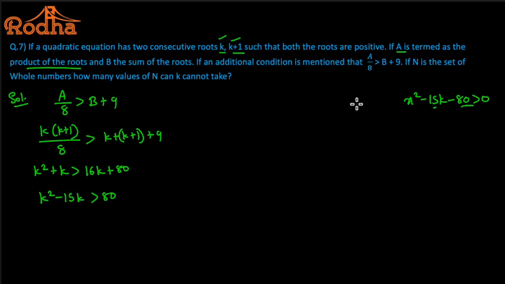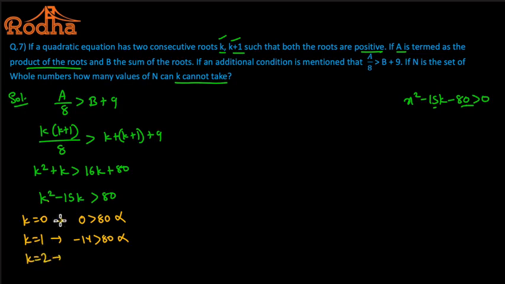The second point is, from all the whole numbers I need the values k cannot take. That will be easy to see. Obviously there are two consecutive roots here, and both roots are positive. If I look at all the whole numbers, obviously k cannot take 0 and 1 and numbers like that. So k cannot take 0, since 0 is not more than 80, not possible. Can k take 1? If k takes 1, 1 minus 15 is minus 14, again not more than 80, not possible. Can k take 2?